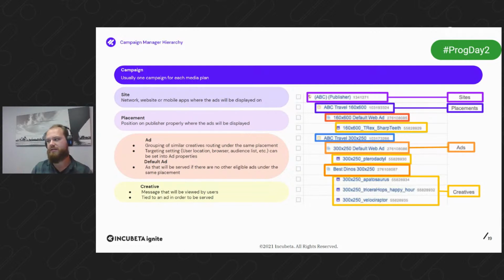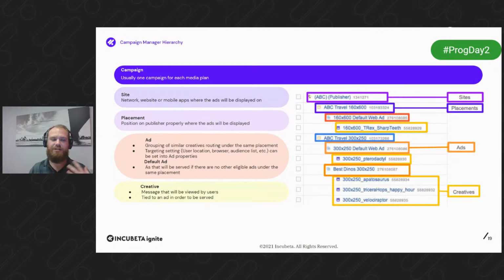So when you've created, for example, a banner setup like this, there will be a default ad created. For the default creative that you assign to that, it is generally best practice to use a different format creative. When I say a different format, it's often that you would use a JPEG or a PNG as a default ad.